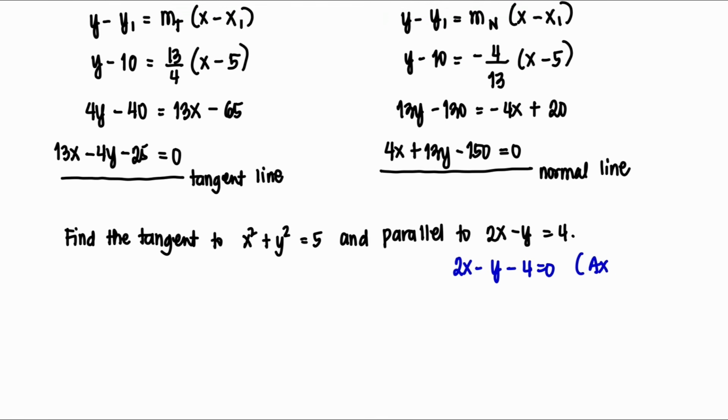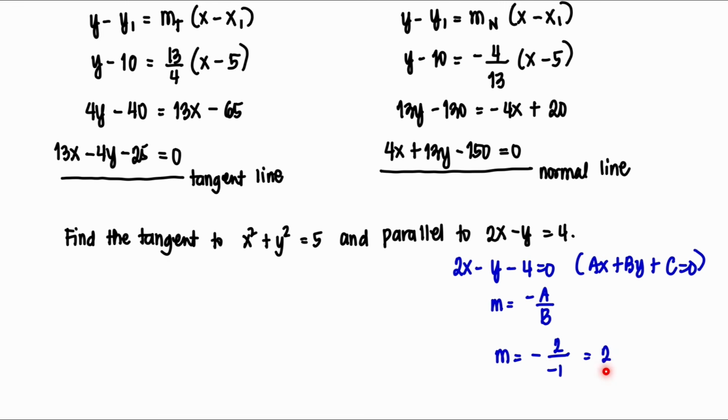That is in the form ax plus by plus c equals 0. And remember that the slope can be determined by negative a over b. In this case, the value of a is 2 and the value of b is negative 1. So, therefore, its slope is negative 2 divided by negative 1, so the slope of the line is 2.